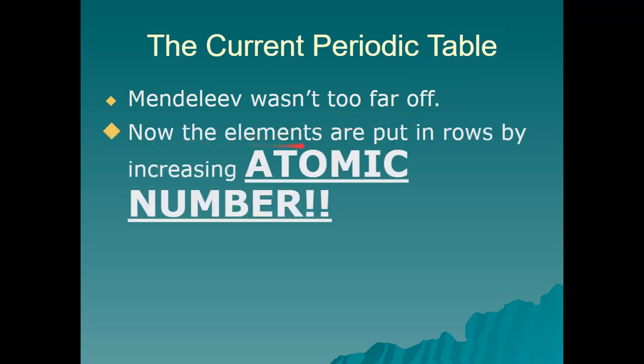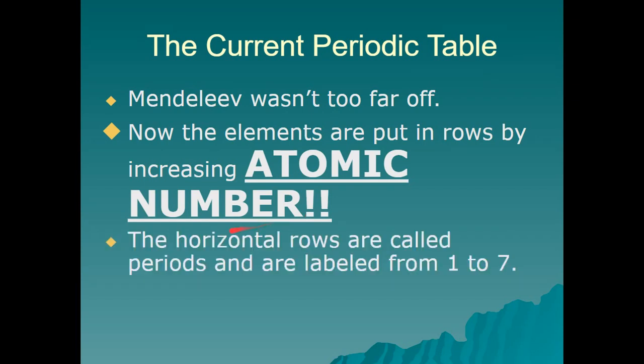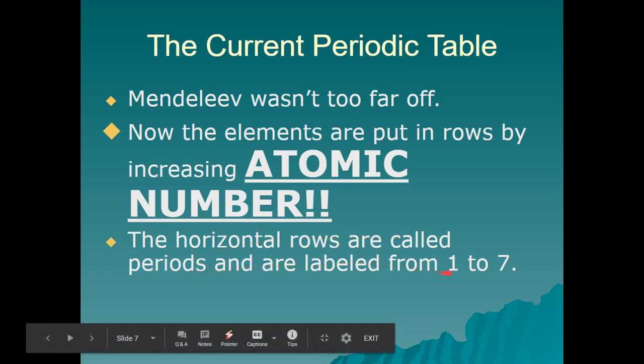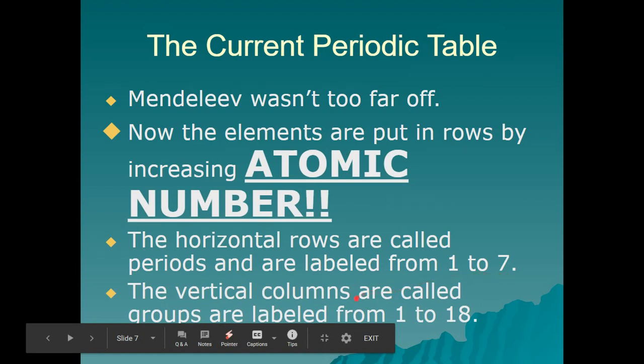Now the elements are put in rows by increasing atomic number. Remember the number at the top left of each one of those little boxes? The horizontal rows are now called periods and labeled from 1 to 7. The vertical columns are called groups and are labeled from 1 to 18.